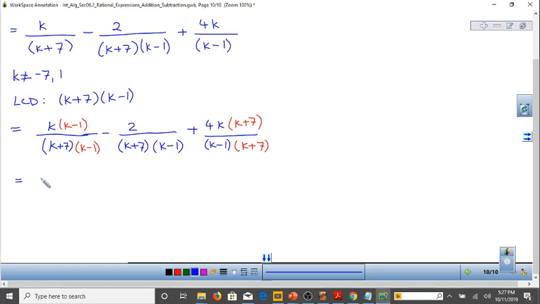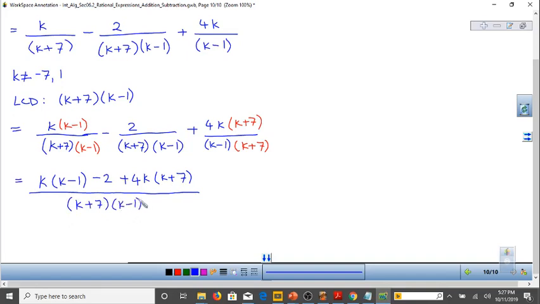So we have k times k minus 1, minus 2, plus 4k times k plus 7, over the common denominator k plus 7 times k minus 1. Now if we distribute, we have k squared minus k minus 2 plus 4k squared plus 28k.